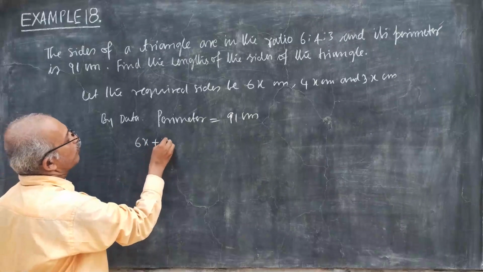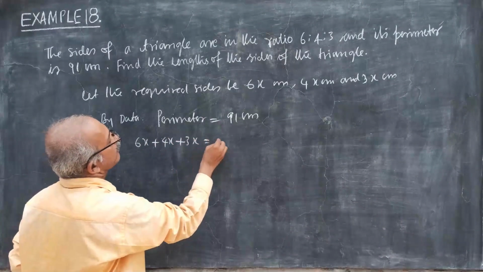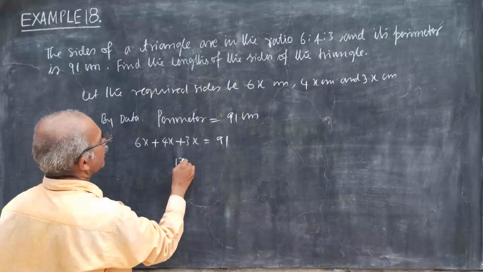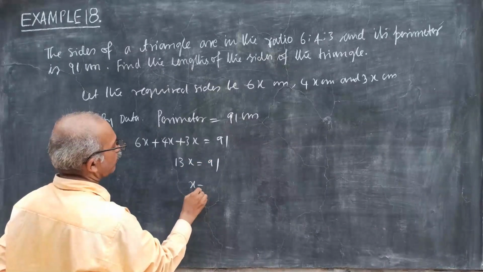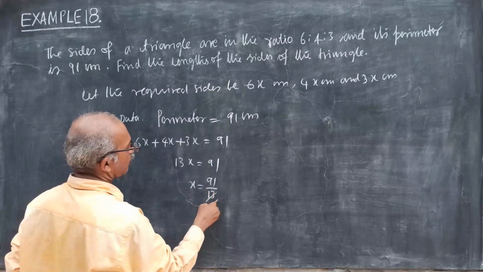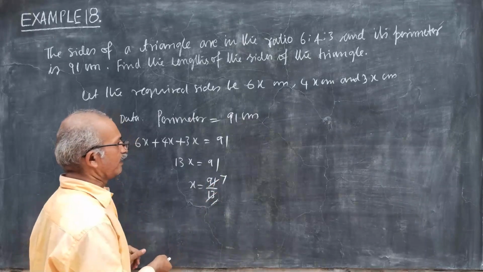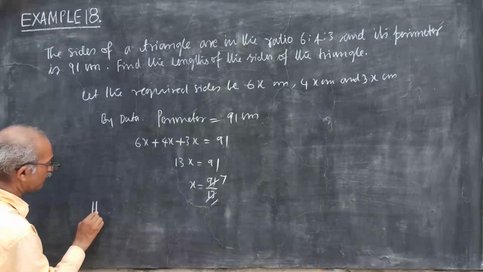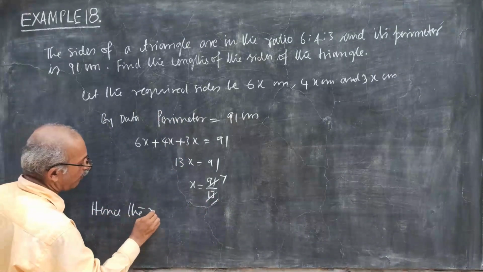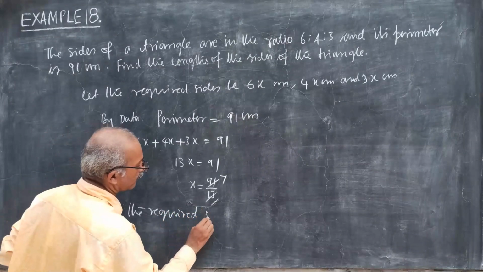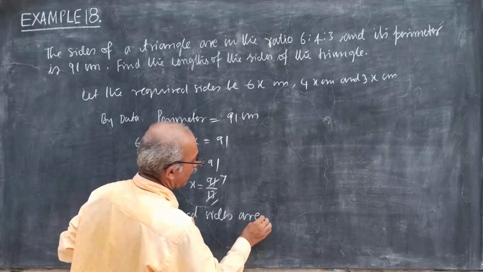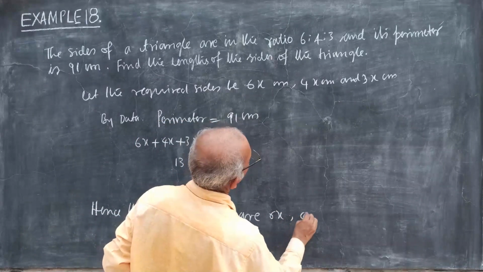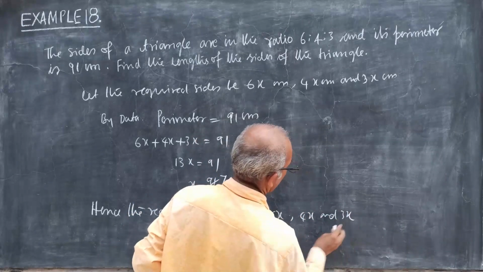6x plus 4x plus 3x is equal to 91. So if you add all this, you will get 13x is equal to 91. So x is equal to 91 by 13. So x is equal to 7. Therefore, the required sides are 6x, 4x and 3x.